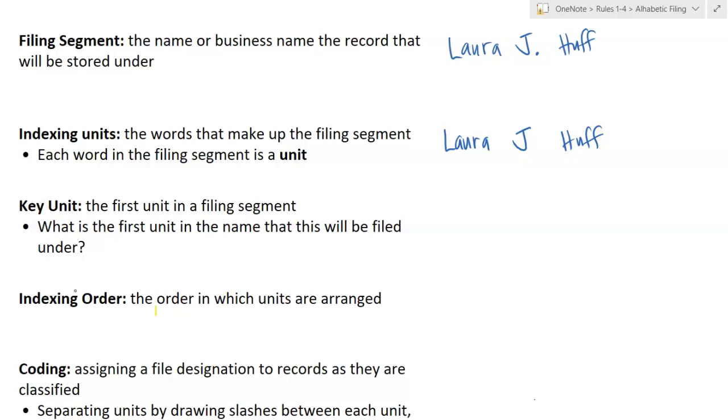This is going to be the first unit in this name that it will be filed under. With personal names, you normally file them by the last name first. That means that if we have something from Laura J. Huff, we would file that in an H folder under the last name Huff.